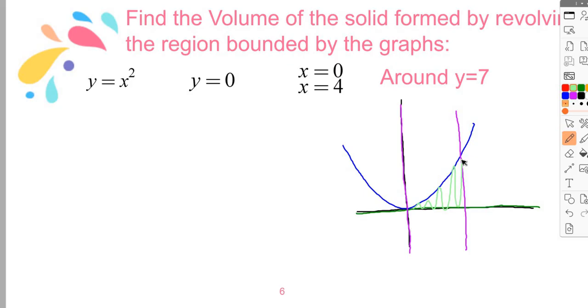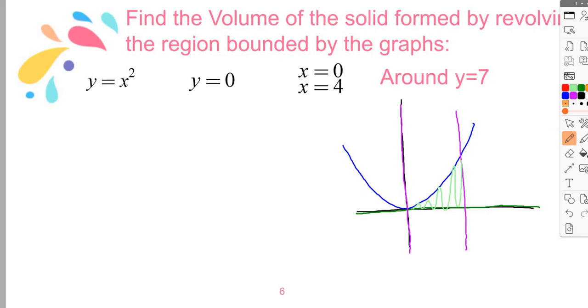Now, what's the only difference this time? y equals 7, which is a what type of line? Horizontal. Yep, it is horizontal. So still in terms of x's, because we're still horizontal, we're just not on our x-axis this time, okay?